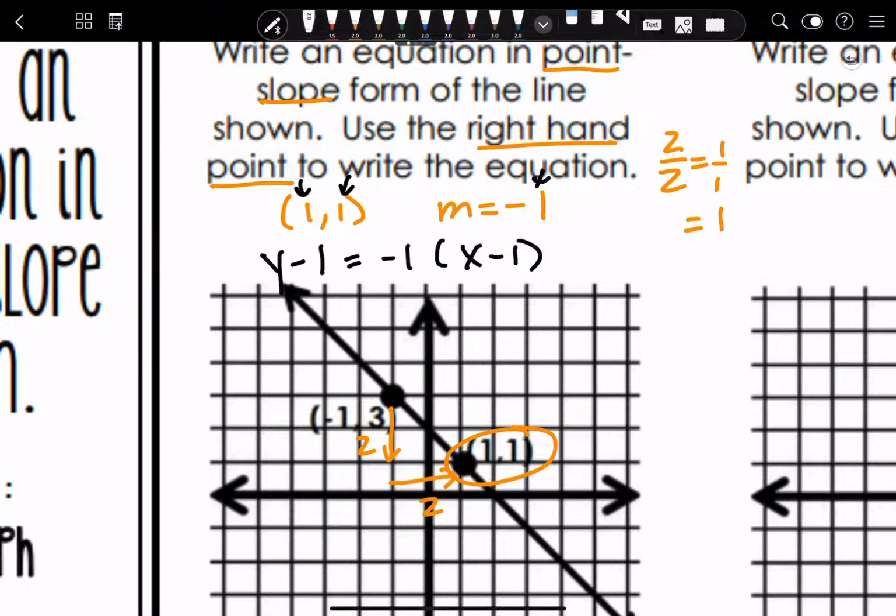Now technically this would be an okay answer. And some of you see it. When you have that -1 outside, here's the thing. You don't have to write it like that. You can just say y minus 1 equals negative times x minus 1. And this would be how you would see it on a test or anywhere else.